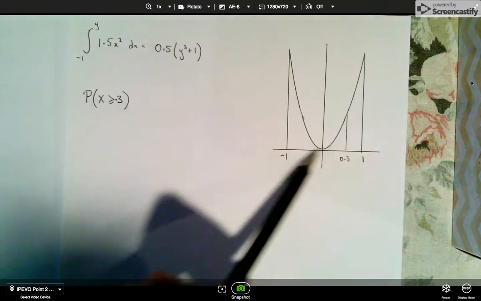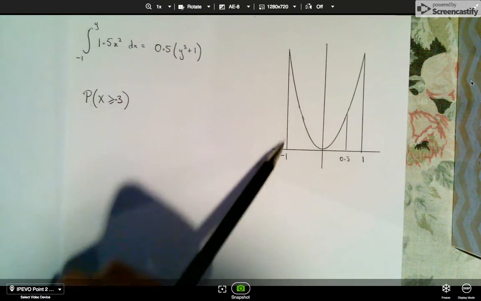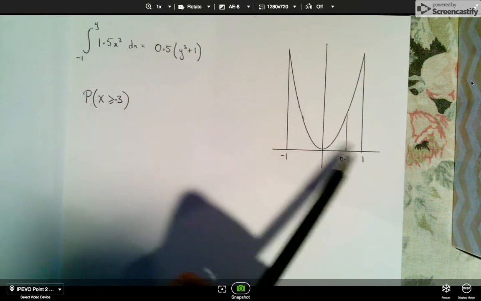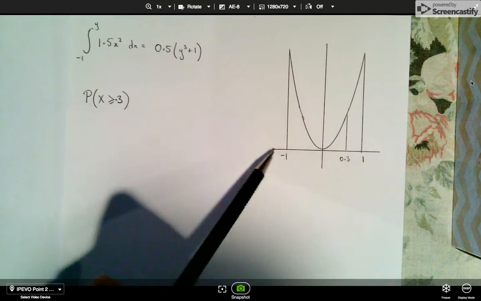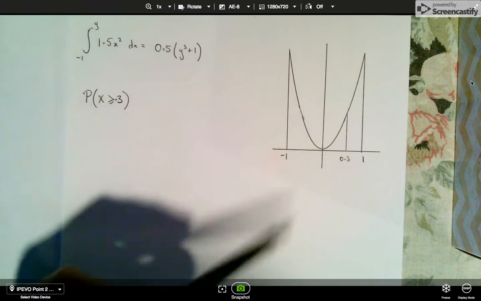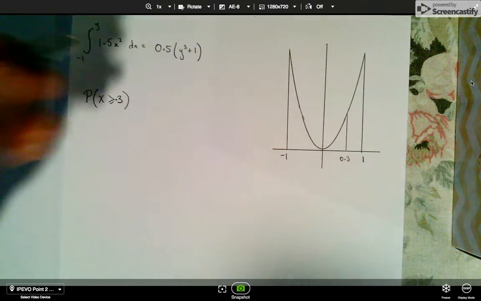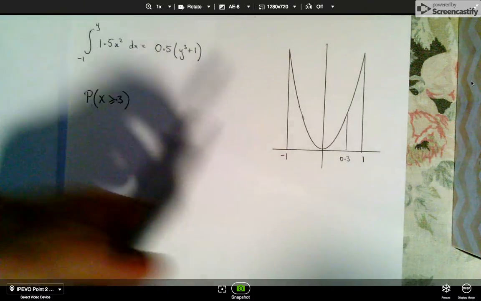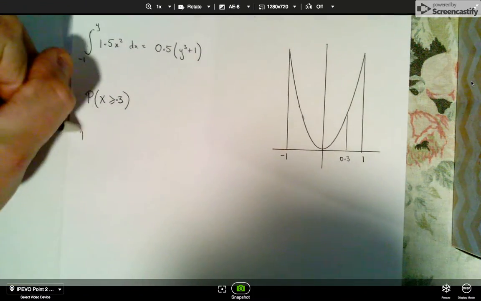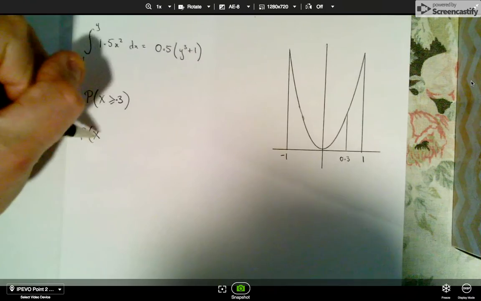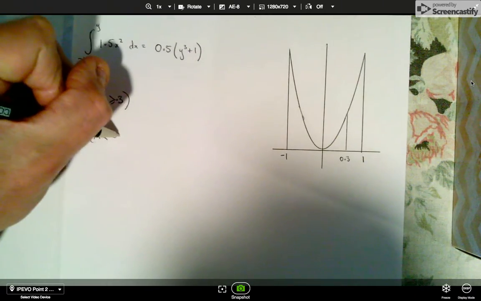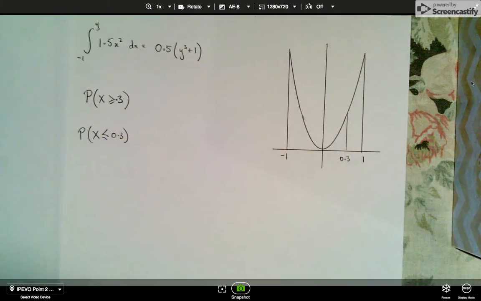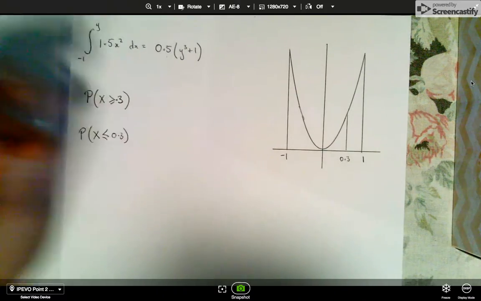But the thing that we've got to remember is the whole area from -1 to 1 is the sum of all the probabilities, and the sum of all the probabilities has to equal 1. So instead of looking at this, what we're going to look at is the probability that x is less than or equal to 0.3. Because we've got a formula for that, we can just put it into this formula.